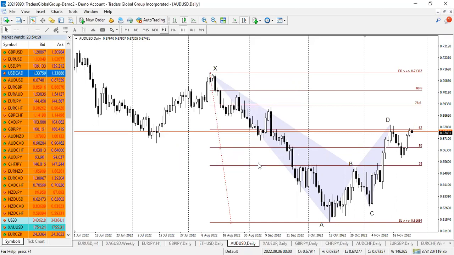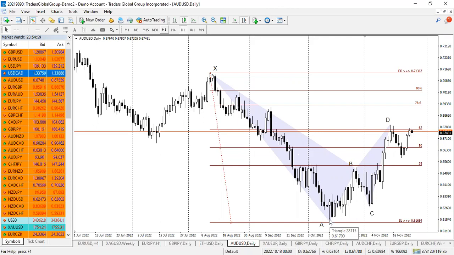So I've set the Fibonacci levels here. Now look closely. You can see I drew my Fibonacci from point X to point A. This is true because it's from the high of a certain period to the low of a certain period.